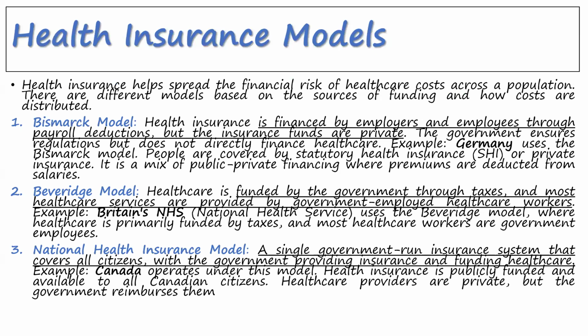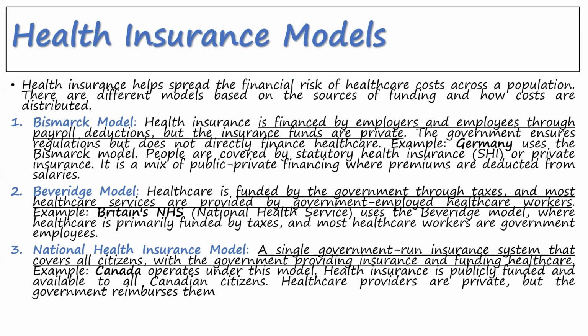Now, number three, we also have what is known as the health insurance model. Health insurance helps spread the financial risk of health costs across a population. For example, you can insure yourself with an insurance company. Unfortunately, in most countries in Africa, like Somalia, I don't know if you have an insurance company.